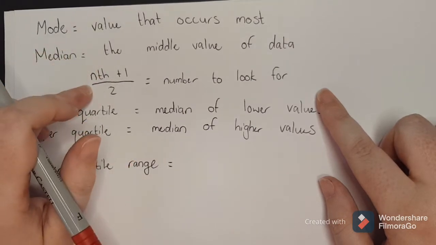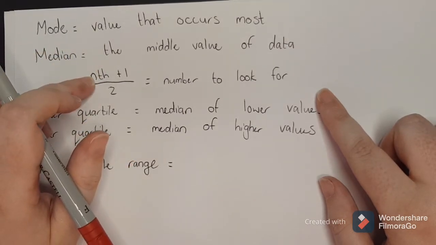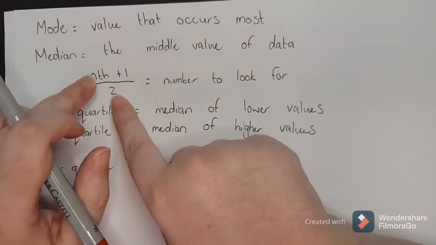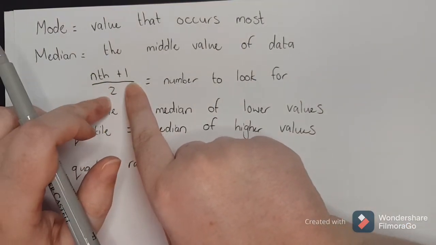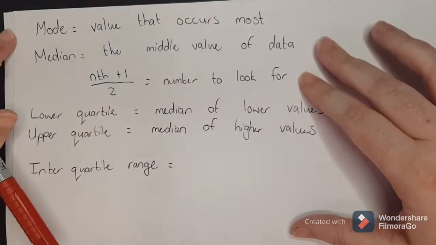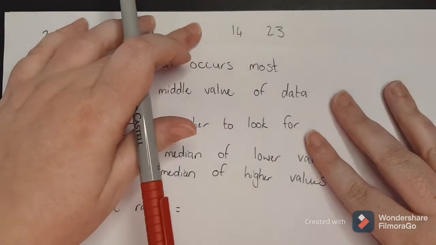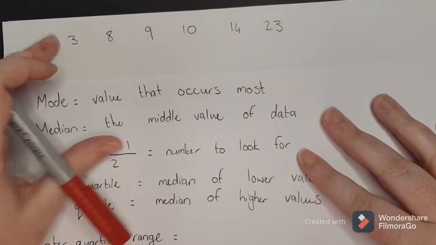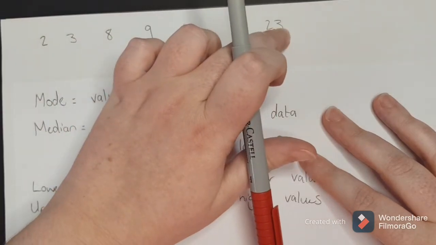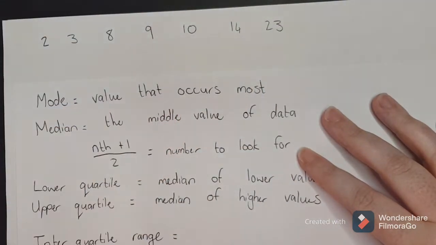We can use the nth number, n being the number of values in the data set, plus 1, divided by 2, and that will tell us which number we need to look for. If I look at this data set, I have 1, 2, 3, 4, 5, 6, 7 numbers in total.